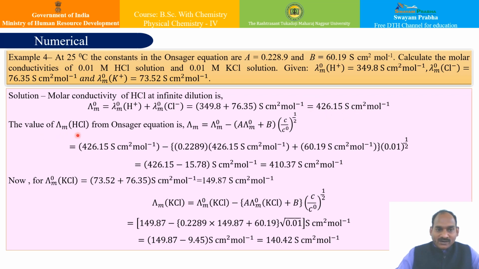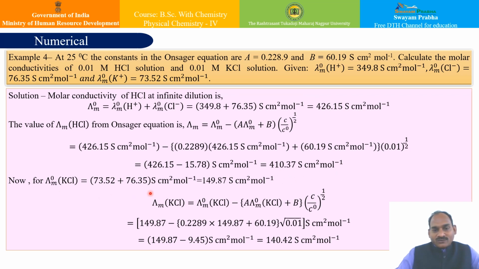Now the molar conductance of HCl from the Onsager equation: this is the equation, and if I substitute the values of A, the limiting molar conductance, B and the concentration and solve, I get 410.37 Siemens centimeter square per mole.